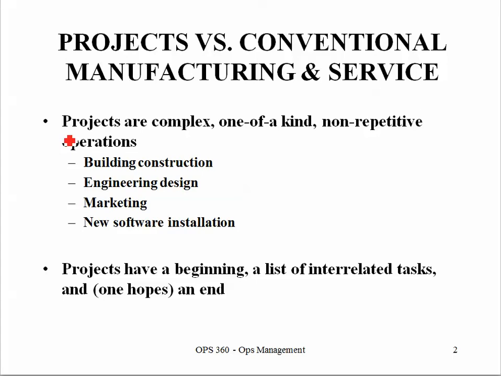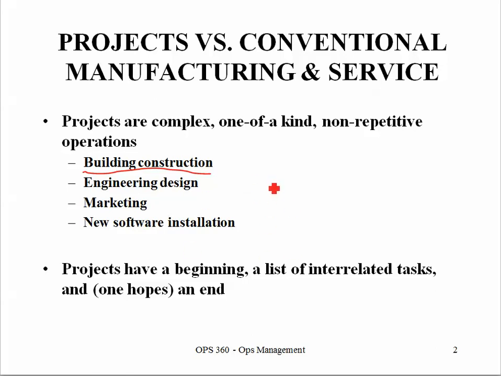While there's some broad similarity between, say, building one type of building and another type of building, there's a lot of variability from building to building, if we're talking about the project of building a facility. And because of that relative uniqueness and non-repetitive nature of projects, there's a whole separate discipline and set of tools for managing projects.